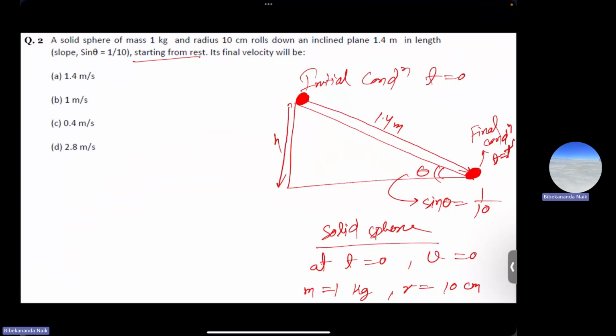So let's solve this one. As we discussed, there are two conditions.